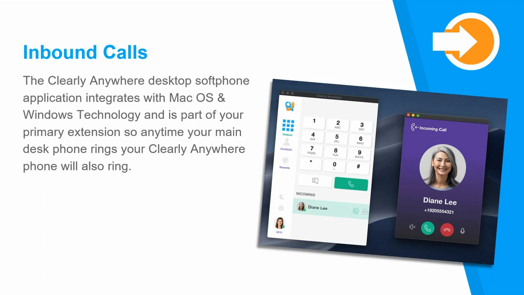Inbound calls on mobile devices are delivered using mobile push servers. So when the application is not running in the foreground, inbound calls still arrive at your phone with no additional battery drain. You'll see the caller's number pop up on your screen, and you simply hit the green answer button.